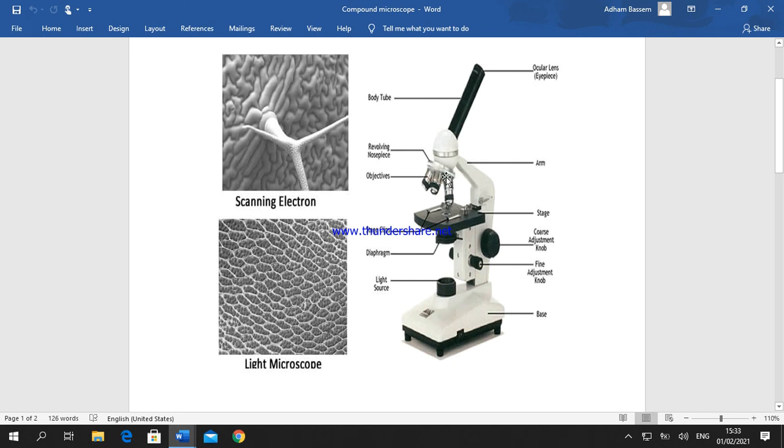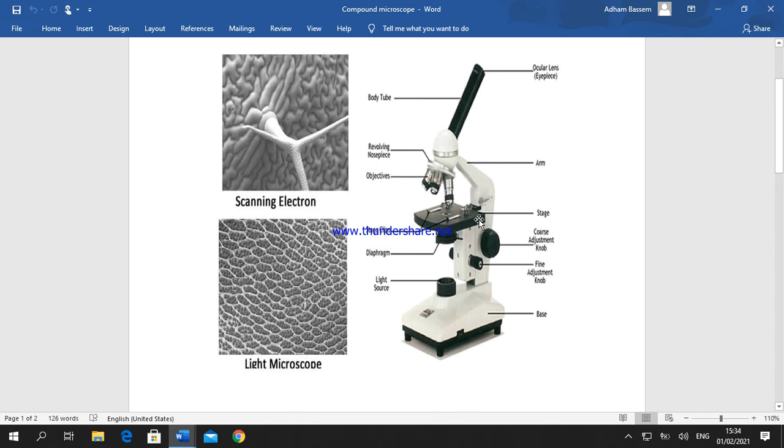Each objective lens has a different magnification, so we can use the suitable objective lens to examine the slide. By turning the nosepiece, you can select the lens you want.